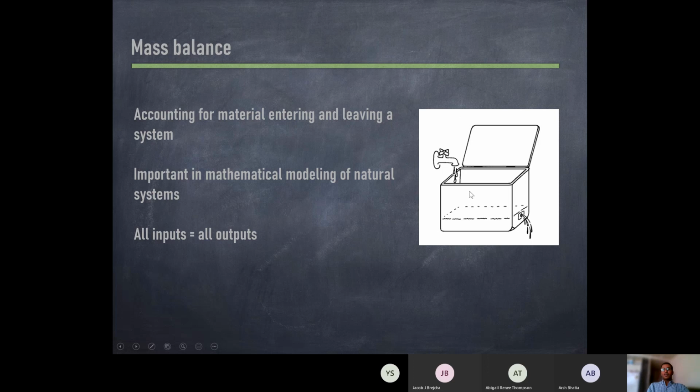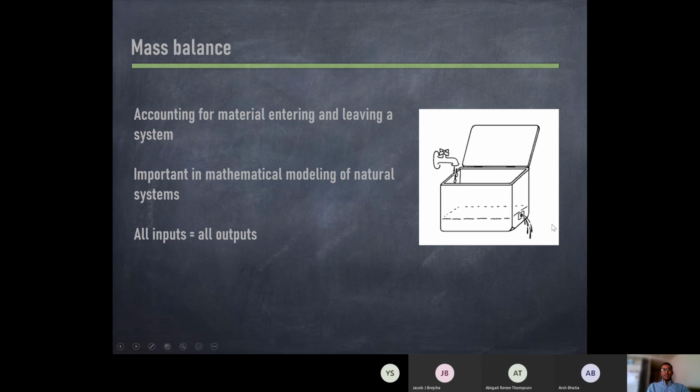Water is coming from the top from this tap and going out through this outlet. Mass balance is something where you equilibrate all the inputs and all the outputs. So in this system, all the inputs will be equal to all the outputs, right?